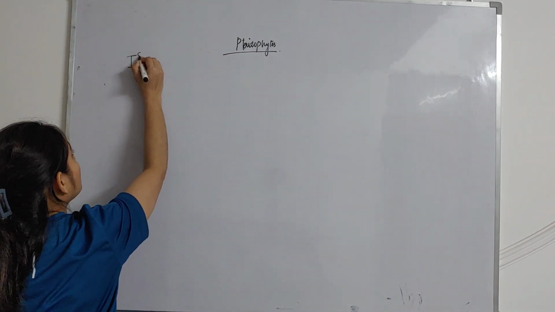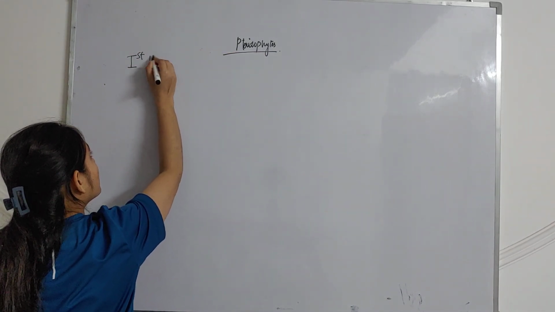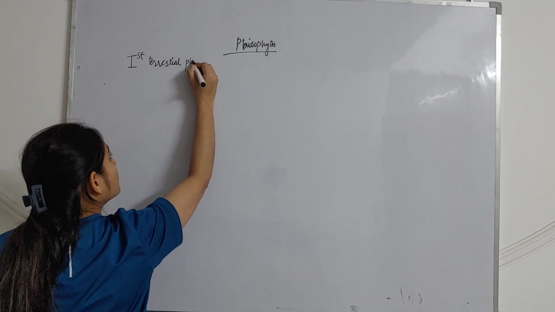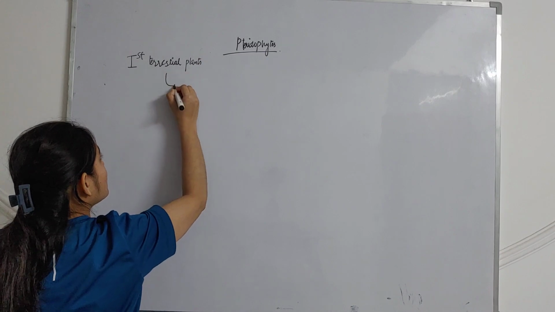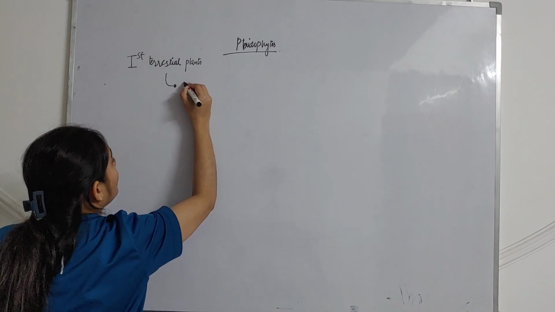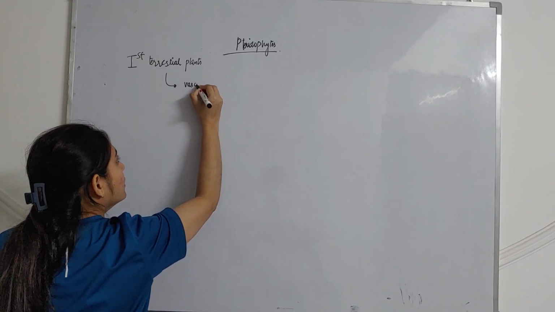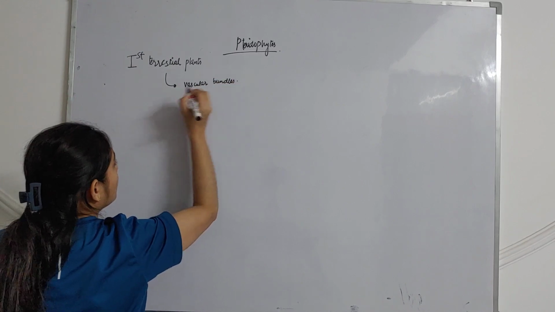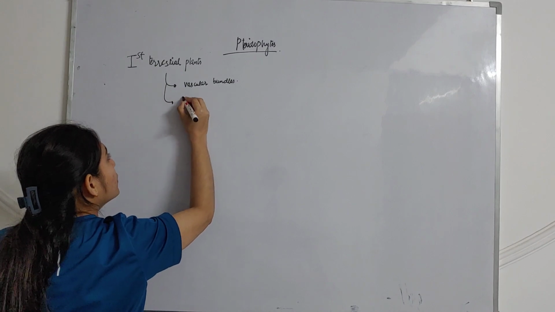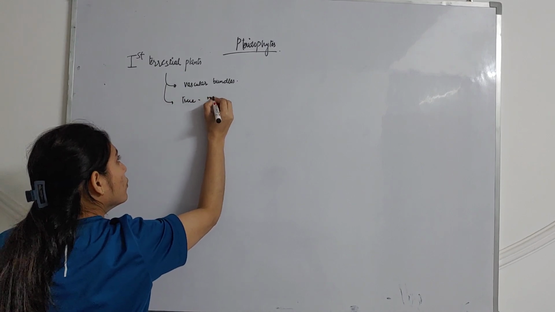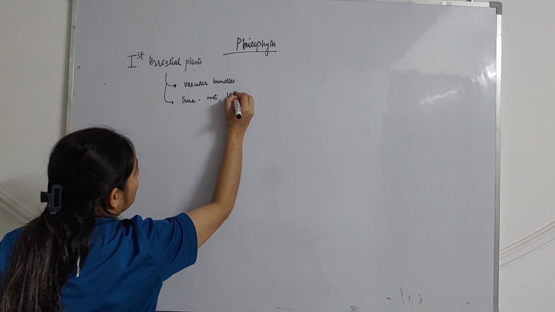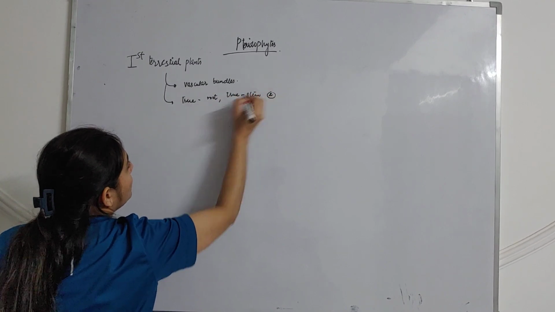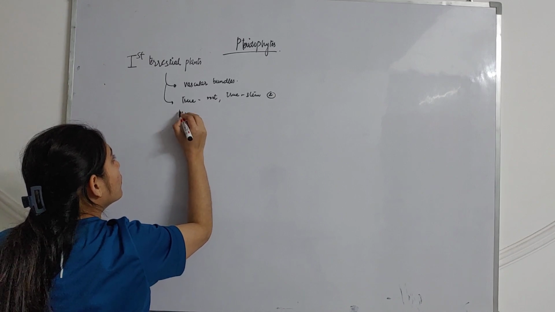Pteridophytes are the first terrestrial plants which possess vascular bundles in their organs, and they possess true root, true stem and true leaf.